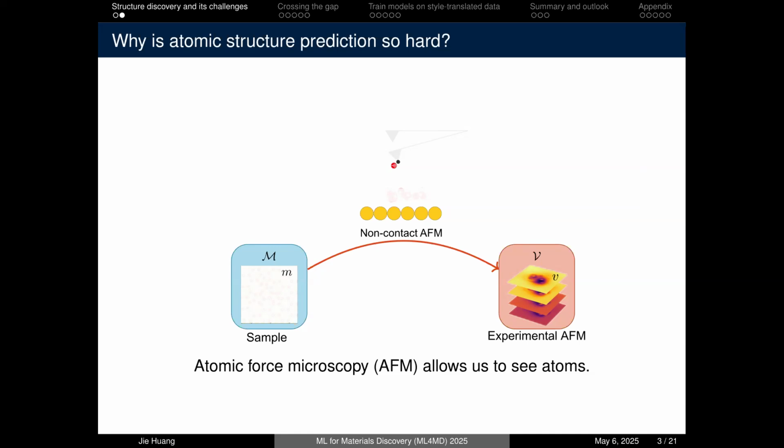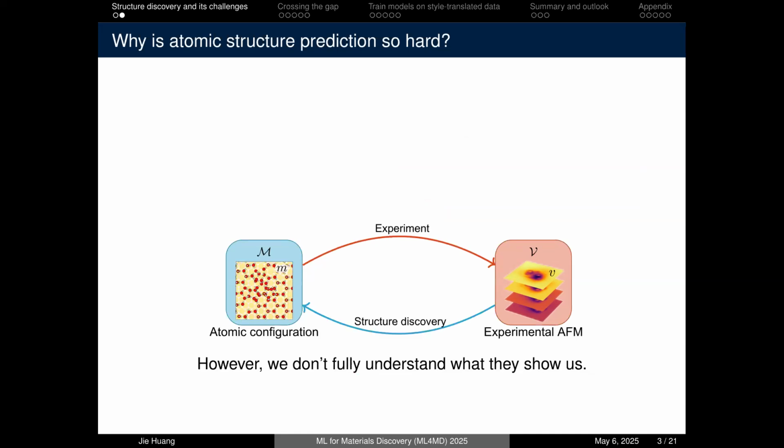We can take photos of these samples, but to interpret these images is still challenging. We don't exactly know where the atoms are located or what their configuration is. So it seems pretty difficult to do this structure discovery only by using our eyes.